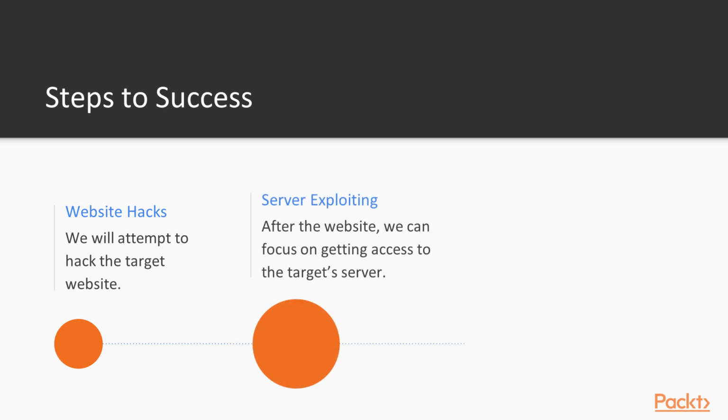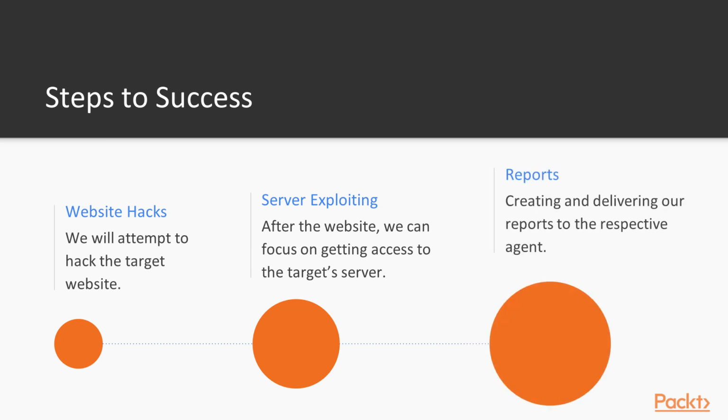Once we're done with that, we move on to server exploiting. After we have hacked the website, we can then focus on getting access to the target server. Once we're done with our website and our server vulnerability scans and auditing, we will then carry out a report. This will allow us to create and deliver our reports to the respective agent.